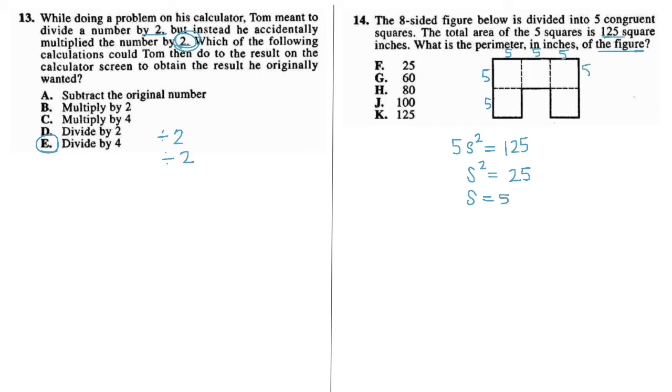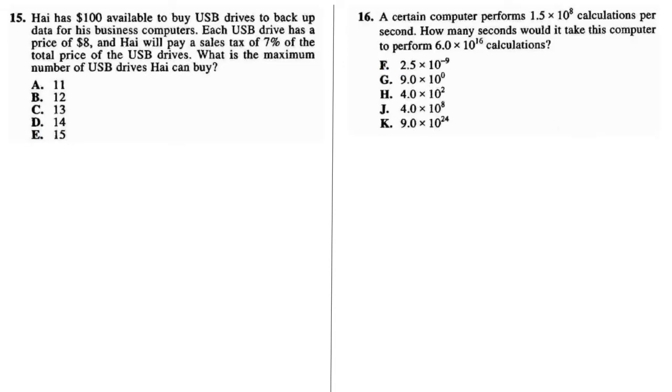We have to be careful and make sure we get all of these sides, especially inside here. So if we count up, we're going to have 1, 2, 3, 4, 5, 6, 7, 8, 9, 10, 11, 12. So I have 12 sides that measure 5 each. So that's going to give me a perimeter of 60. So answer choice G.